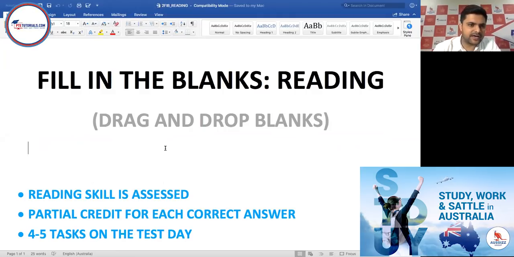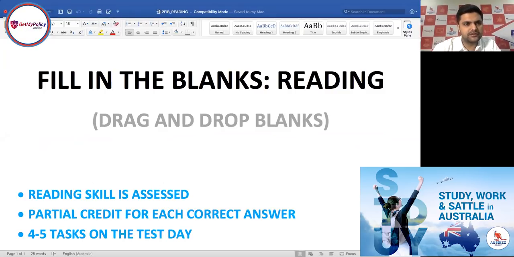For answering each blank correctly, you get 1 credit score towards your overall score for the reading section. So basically all you have to do is read. There will be a box at the bottom of your screen, and you have to choose the correct answer and place it in the blank.